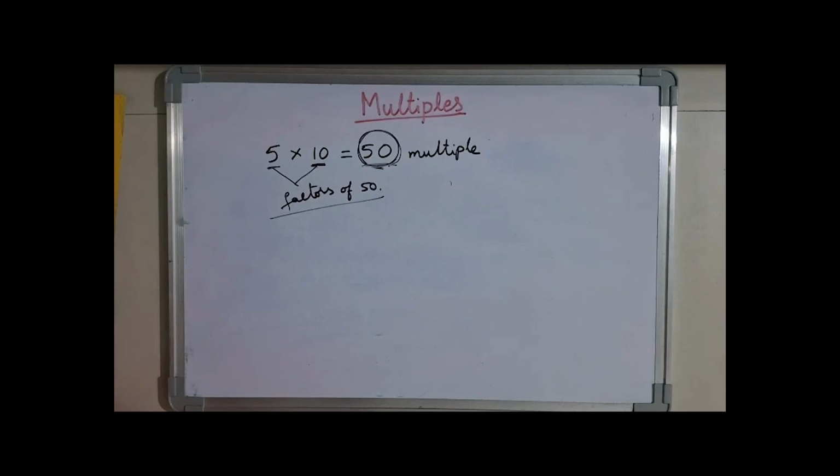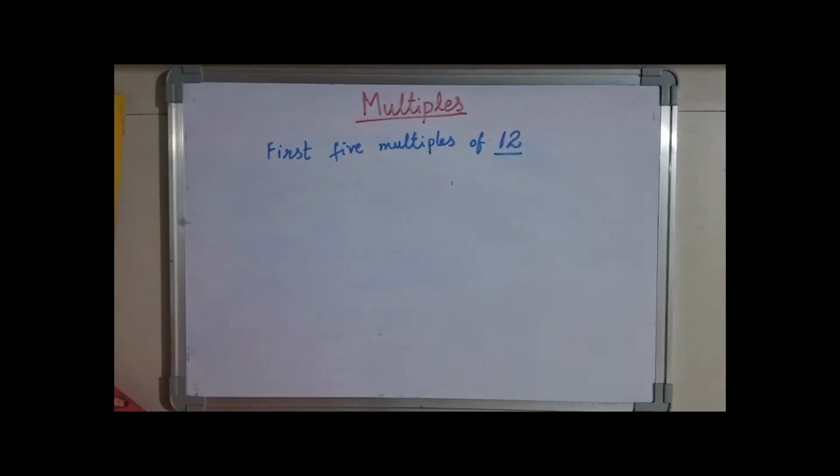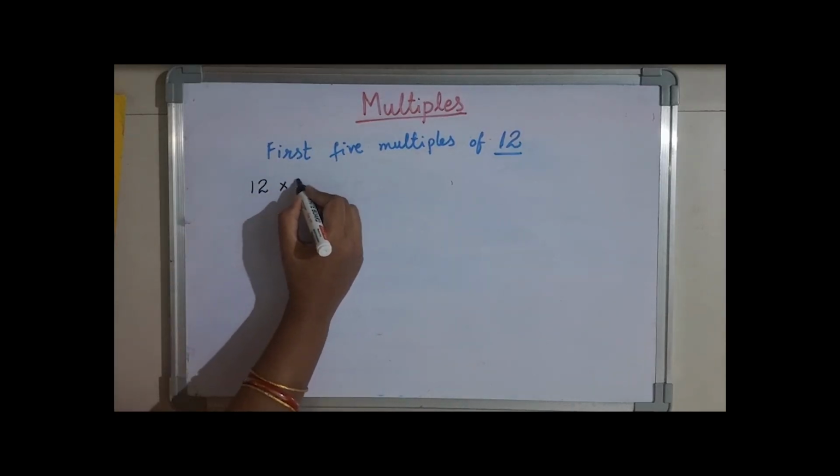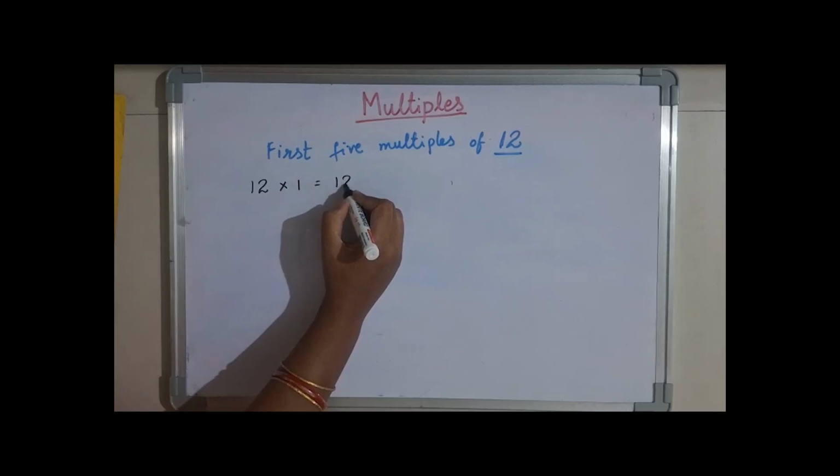Okay children, now let us find the first 5 multiples of the number 12. When 12 is multiplied by 1, we get 12.